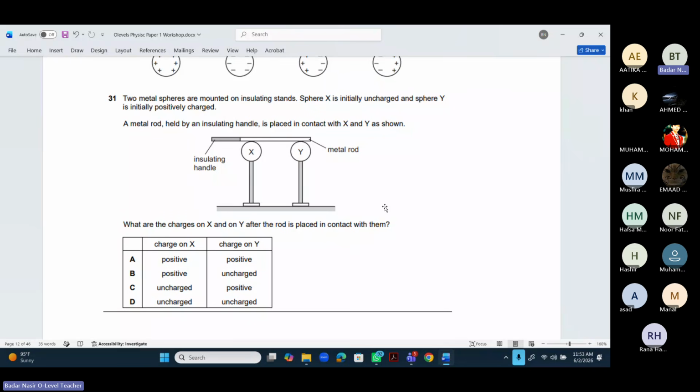What are the charges on X and on Y after the rod is placed in contact with them? X is uncharged, and Y was initially positively charged. So what charges will we have on X and Y? Both become positive. Why? The reason is that if Y had, let's say, 10 positive charges, then 5 of them moved over to X. So they both become positively charged.